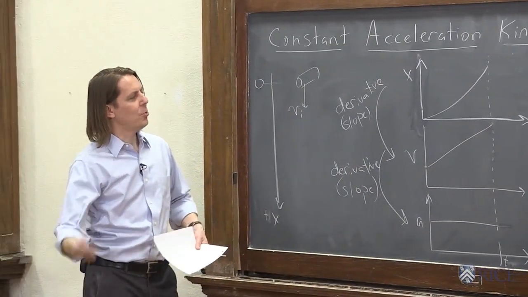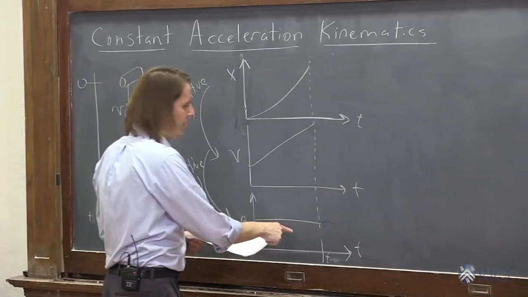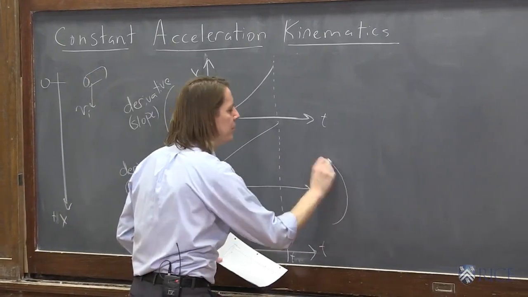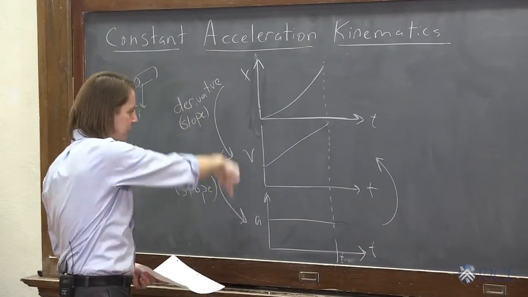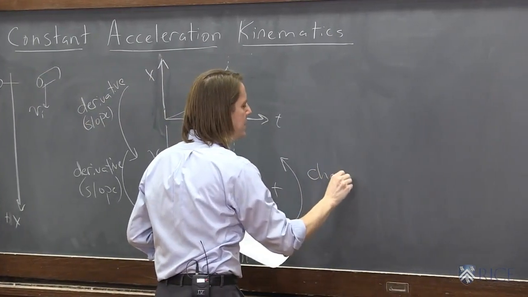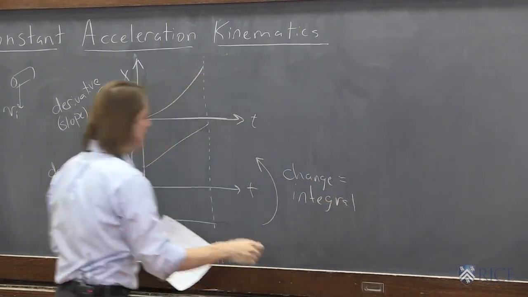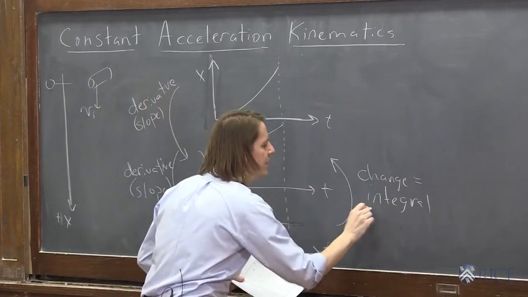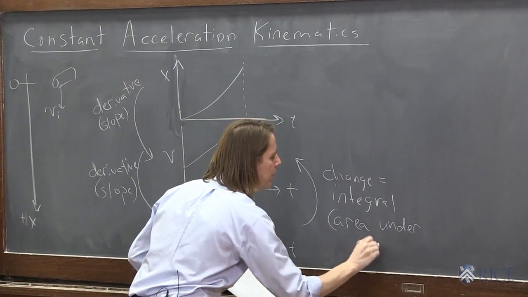You can go the other way, and this is getting a little more calculus-y. You can say, what is the change in velocity based on this graph? To go that way, you take an integral. An integral is an antiderivative. Going this way is derivative. Going this way is the integral. Here I'll say the change in v equals the integral of a. Or you can think of it as the area, the famous area under the curve.